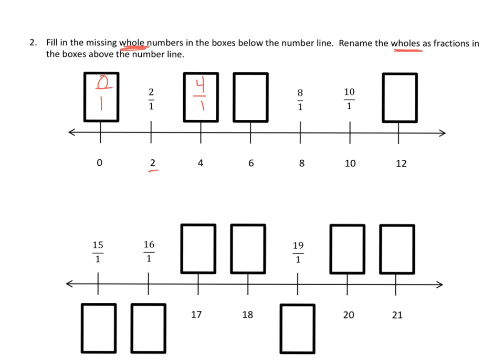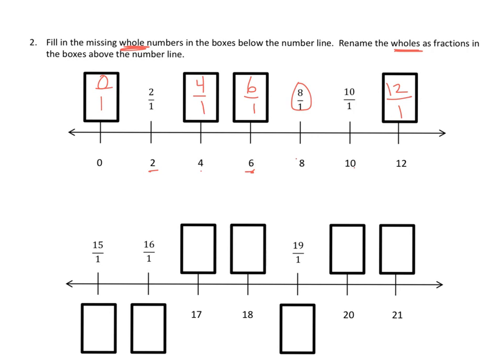4 wholes means 4 copies of one whole, or 4. 6 copies of one whole is 6. So anytime we see this number, if we put it over 1, it's going to be the fraction as wholes. And you see 8 over 1 equals 8, 10 over 1 equals 10, 12 over 1 equals 12.